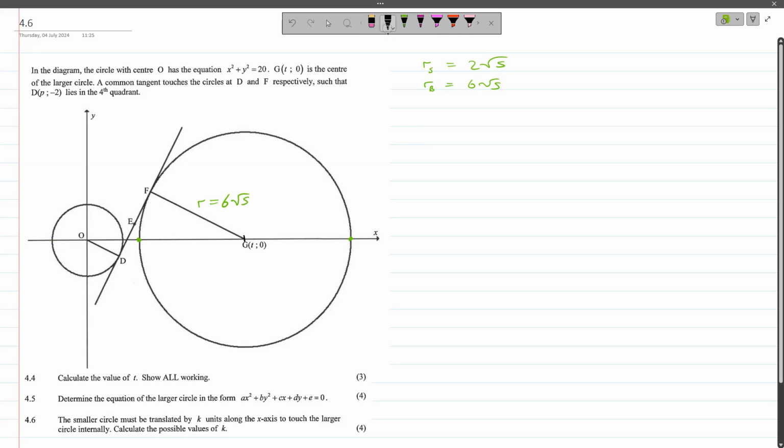So k will be 20 minus 6 root 5 plus 2 root 5, which will be 20 minus 4 root 5, which you can get in decimal format to be 11.06.